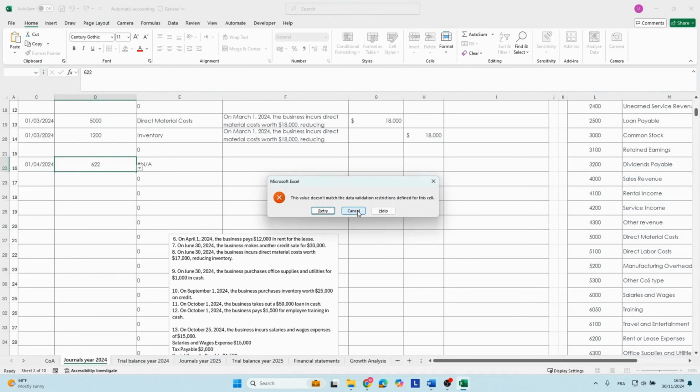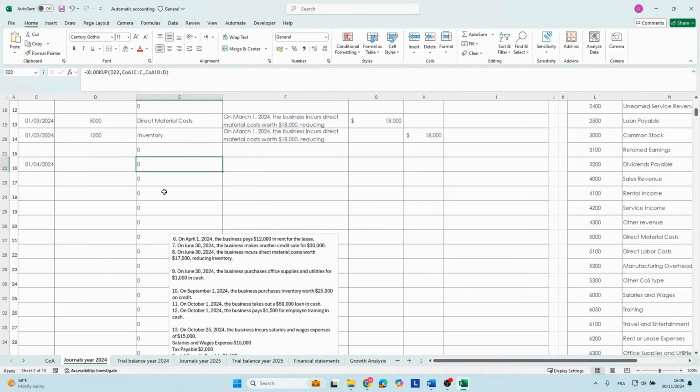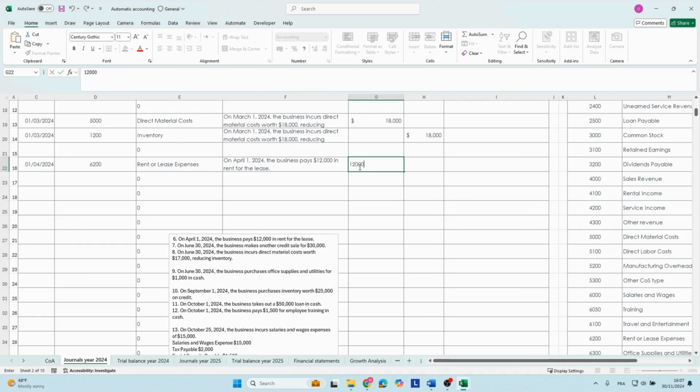When you put any other account, you will get an error message. So rental. Here we put the description of the transaction and put the full amount. Here we don't have information whether it is for 12 months or for the whole year, so so far we book all the cost for the period in the expenses account.